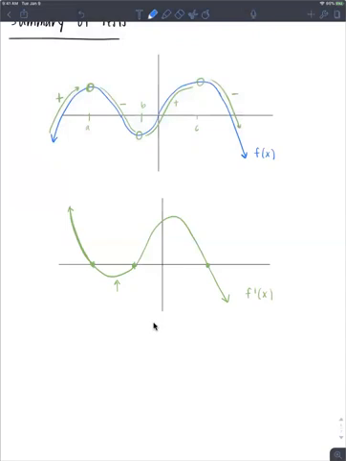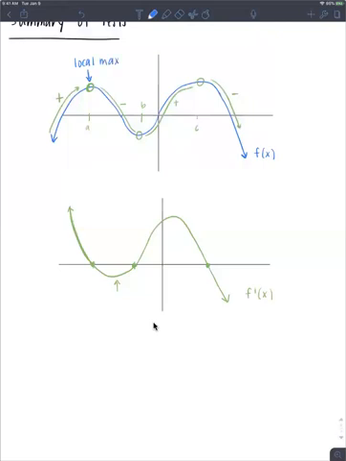So here, is this a local min or a local max? I know that's an easy question. Yeah, it's a local max.